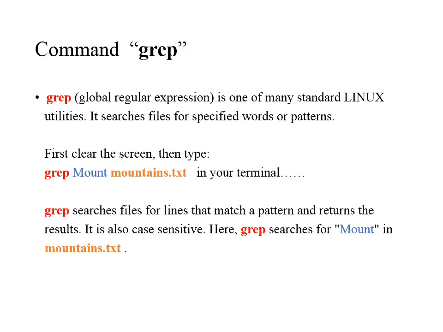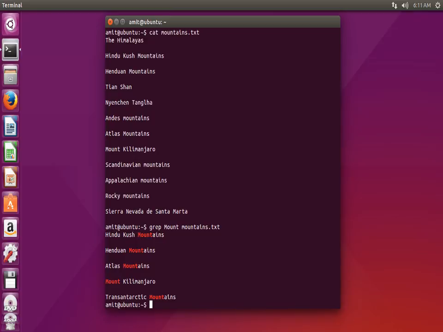The grep command searches files for lines that match a pattern and returns the results. It is also case sensitive. Here, grep command searches for mount in mountains.txt, as shown in the picture.